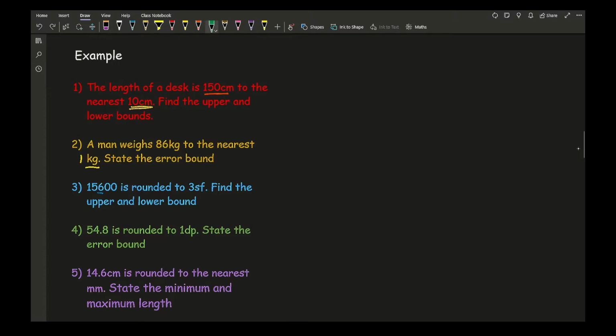Right, so moving on to question 4. It says that 54.8 has been rounded to 1 decimal place. Now 1 decimal place is the 8, and that represents the tenth. A tenth is 0.1, so if I do 0.1 divided by 2, that gives me 0.05.